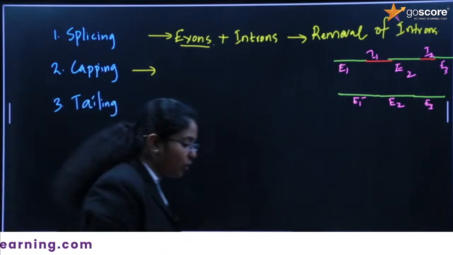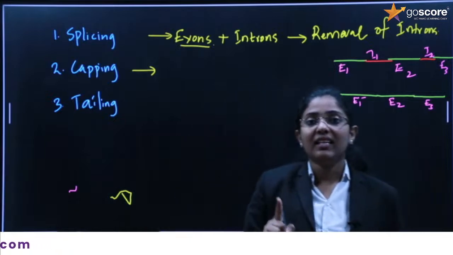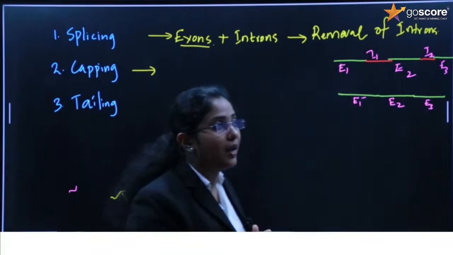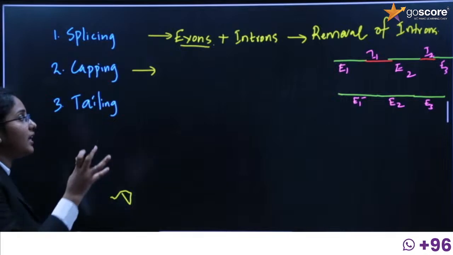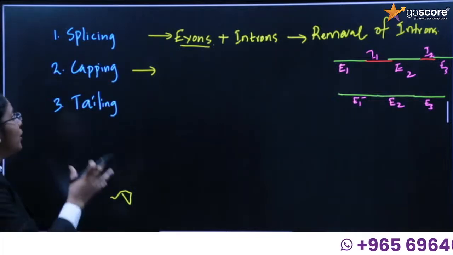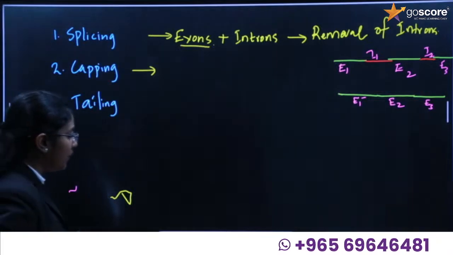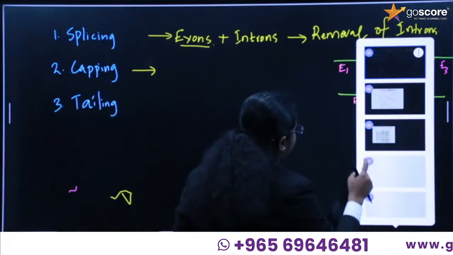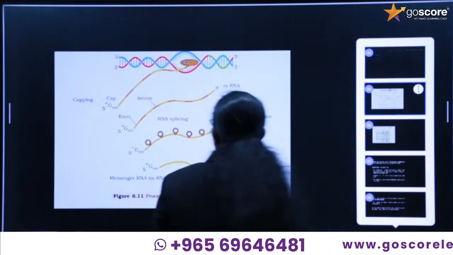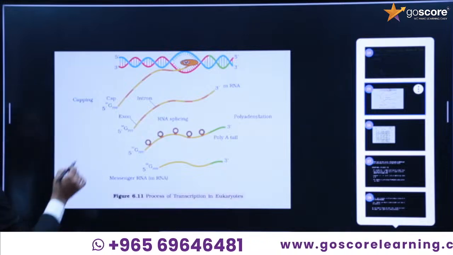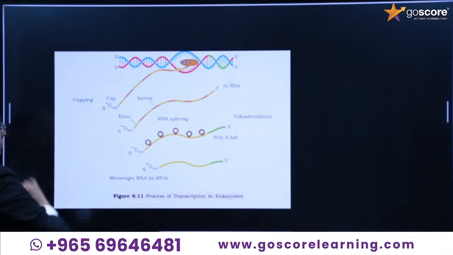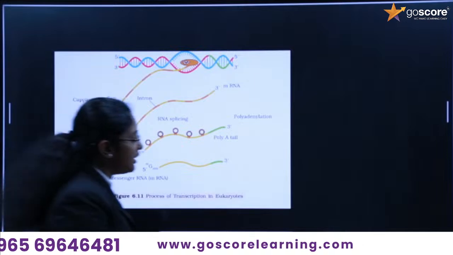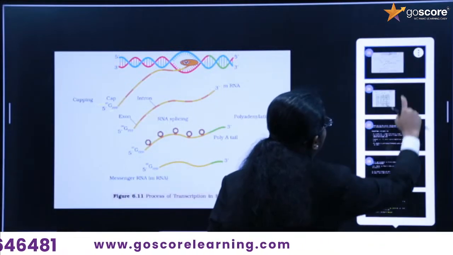In order to compensate for that, there is one particular molecule which attaches and acts as a cap to this mRNA, and that molecule is known as the cap. It is methyl guanosine triphosphate.